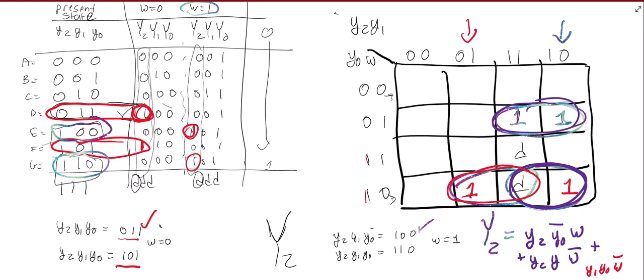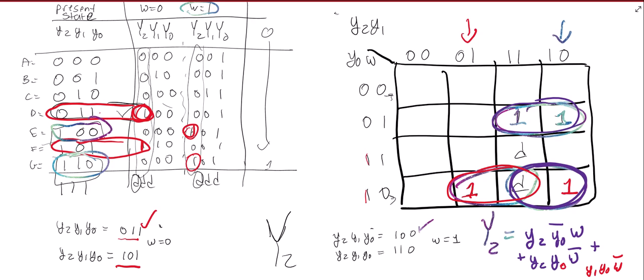So let me check that and see if that matches. So Y2, Y0 bar, W, Y1, Y0, W bar, Y2, Y0, W bar. I forgot to put the 0 in.